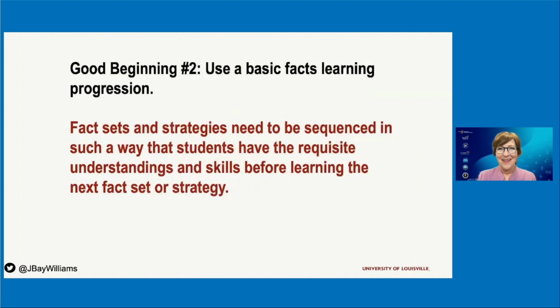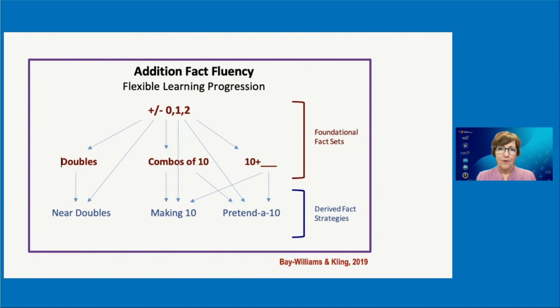That's number one. Number two, where I focused a lot of my work, is use a basic facts learning progression. Fact sets and strategies need to be sequenced in such a way that students have the requisite understandings and skills before learning the next fact set. I'm going to show you a visual from my work on Math Fact Fluency.